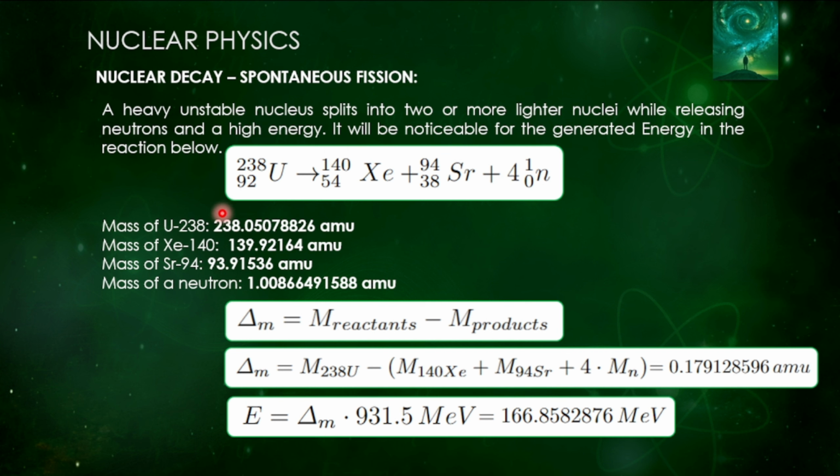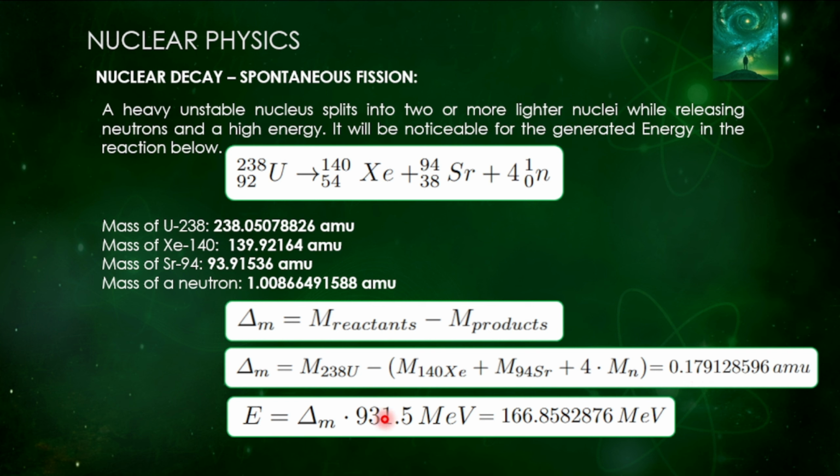So, at first, let's calculate the mass deficit. We have the mass of U-238, xenon-140, and so on. So M of U-238 minus the mass of all the products, which is xenon-140 plus strontium-94 plus 4 Mn, 4 times the mass of the neutron because you have 4 neutrons, gives you 0.179 AMU.